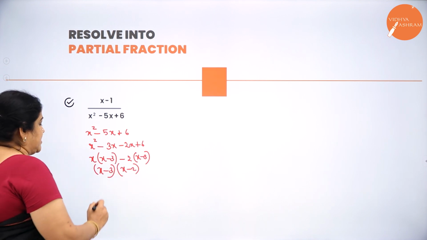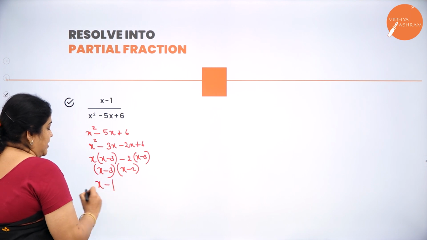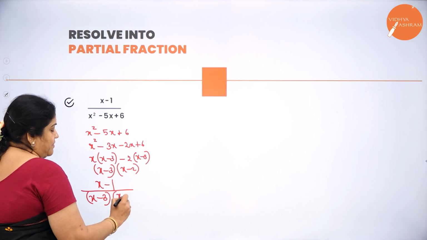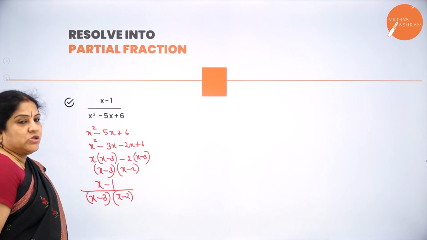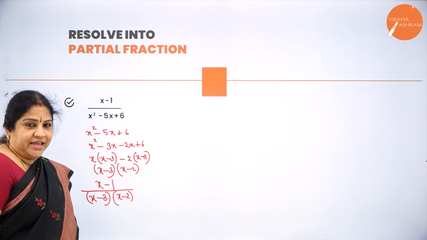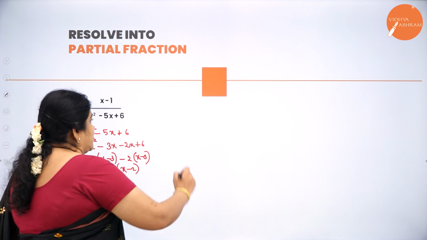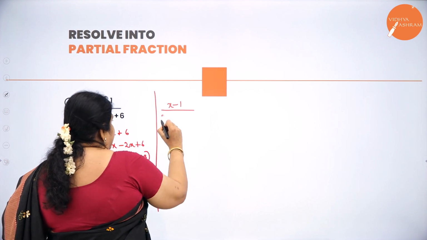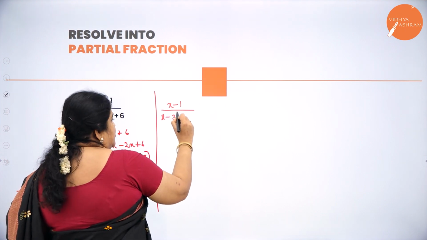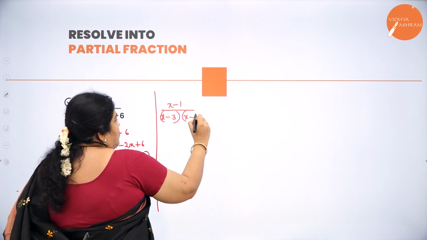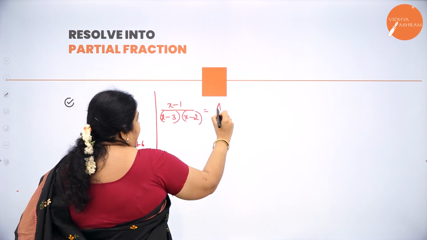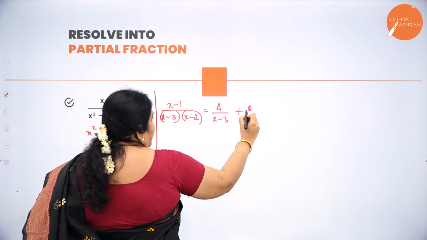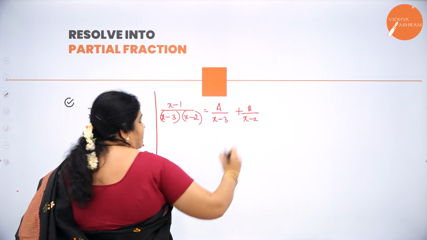So now our question becomes x minus 1 divided by x minus 3 into x minus 2. Recall how we have done it yesterday. Same way, x minus 1 divided by x minus 3 into x minus 2 will be written as A by x minus 3 plus B by x minus 2.